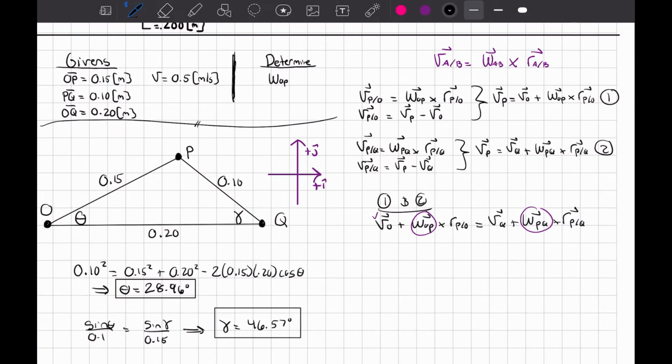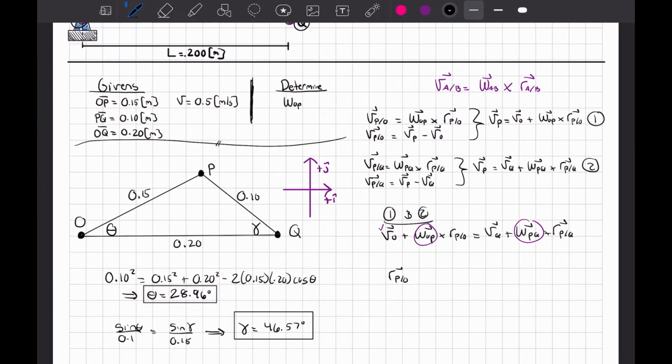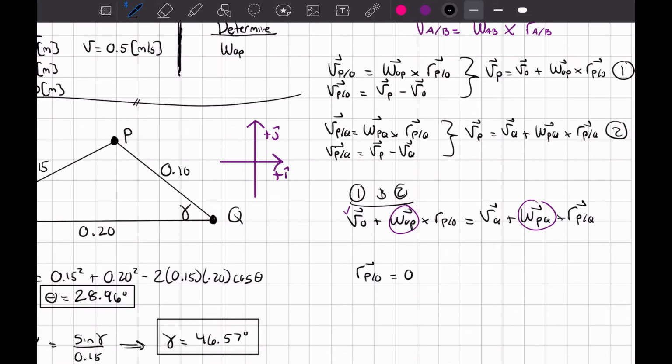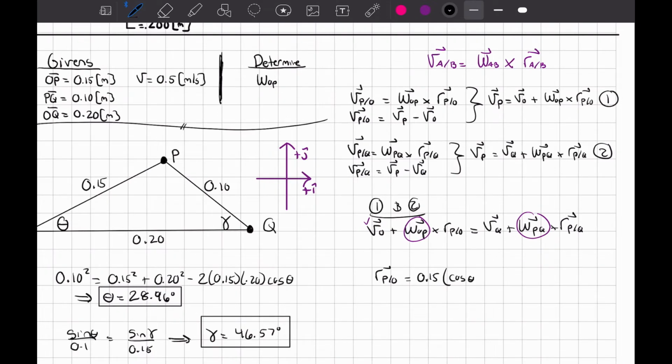So let's calculate RP with respect to O. So that's just going to be, let's see here, RP with respect to point O is just going to be equal to 0.15 times cosine theta. That's going to be i hat, and then, not cosine, sine theta, and that's going to be the j hat component.